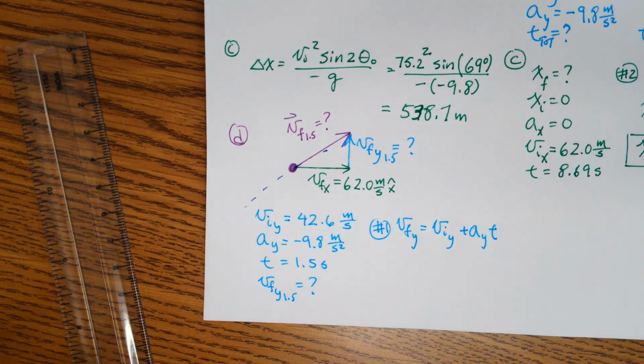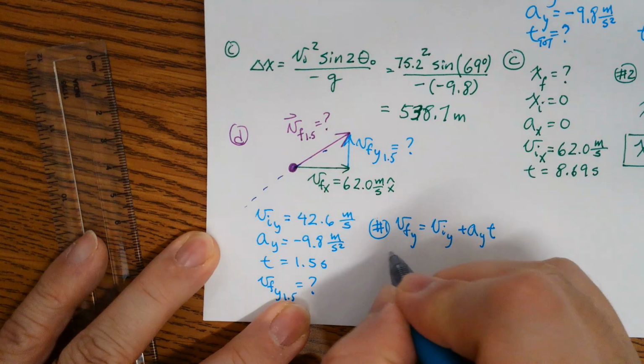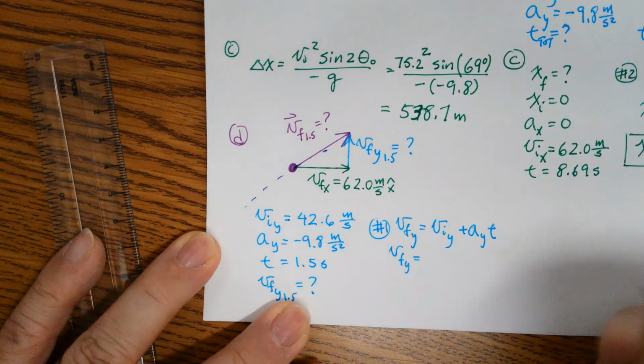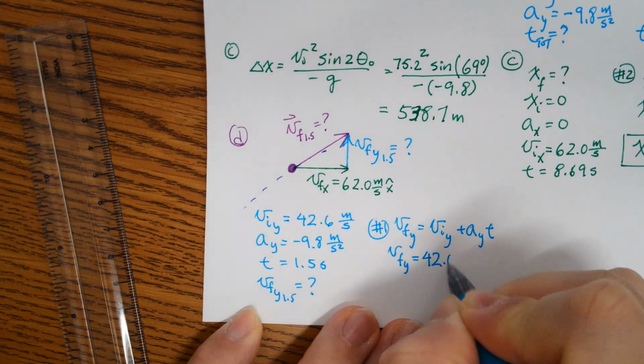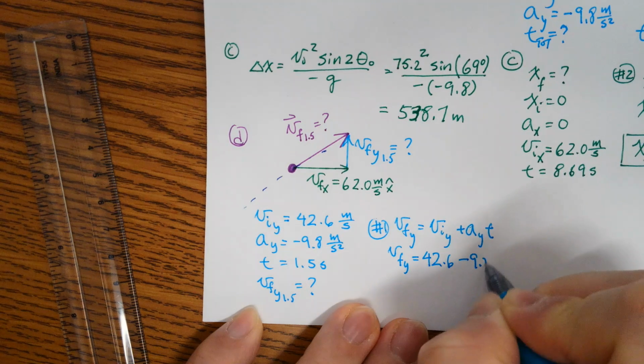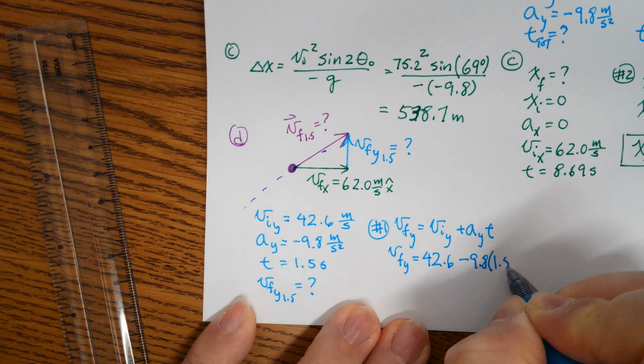Okay? So here, my VFY is equal to my VIY, 42.6, minus 9.8 times 1.5.